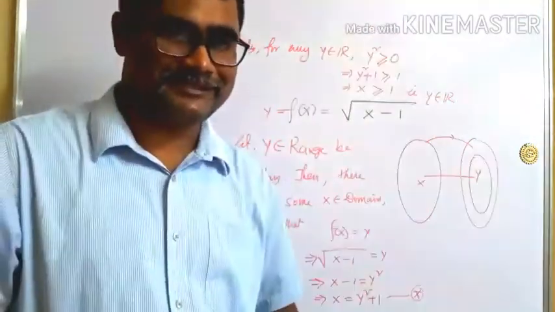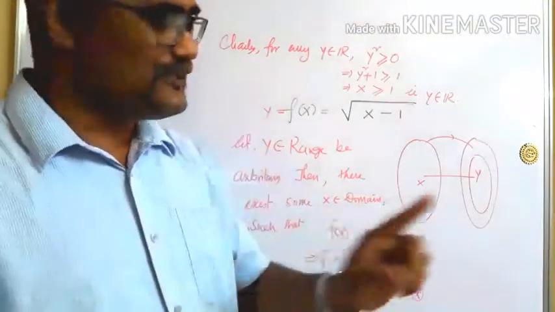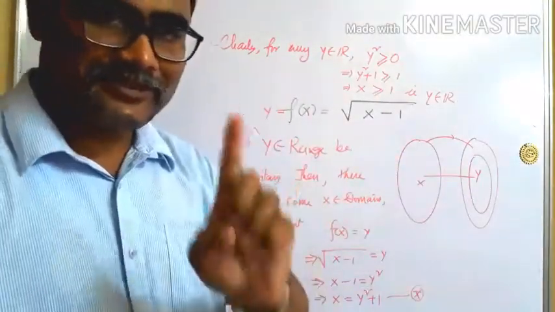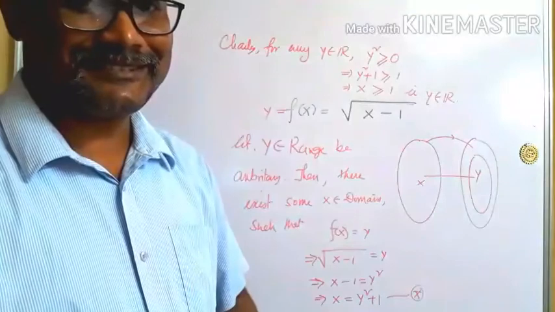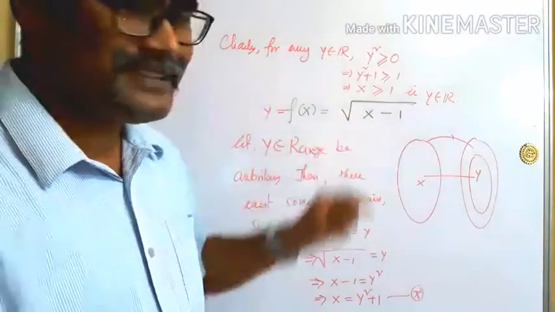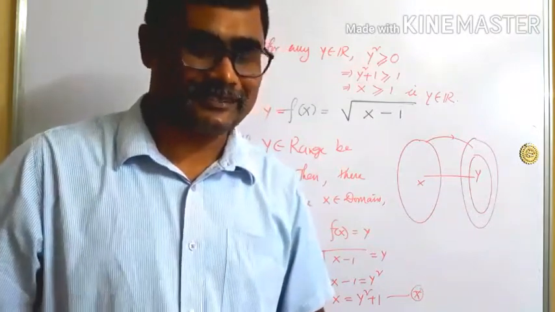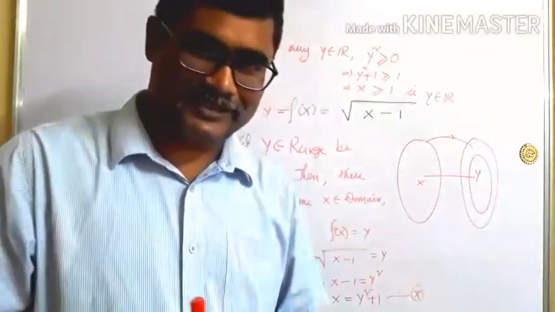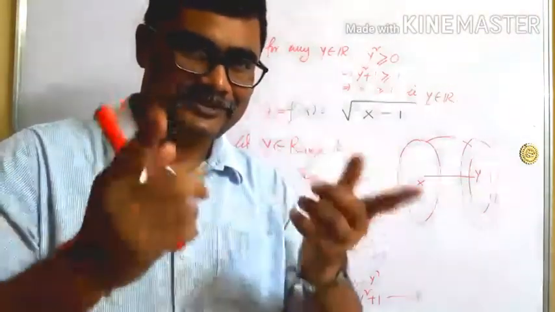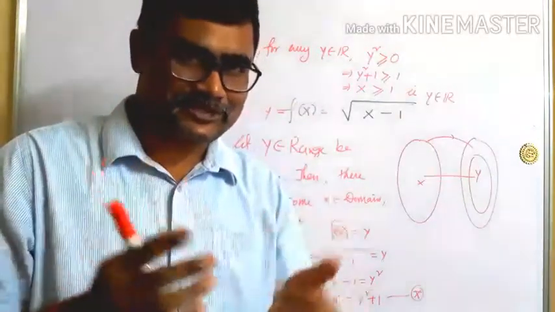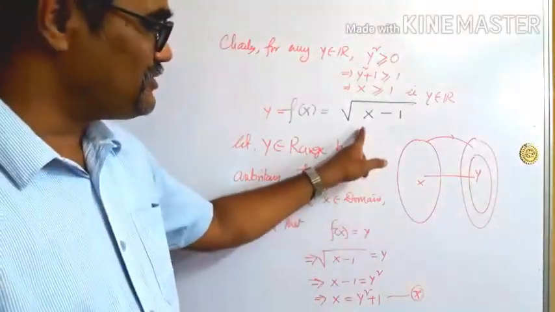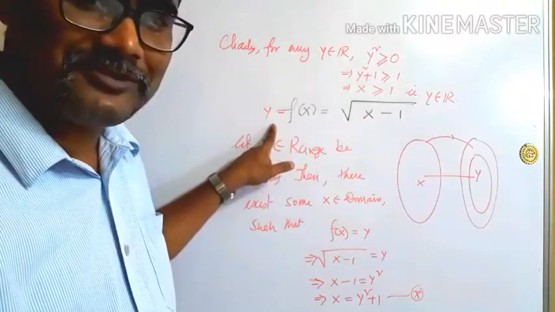Previous day I discussed: root over, whatever sign is given in front, that only is to be accepted. This is a positive sign. If this is a positive sign, what root do you have to take? Positive values.